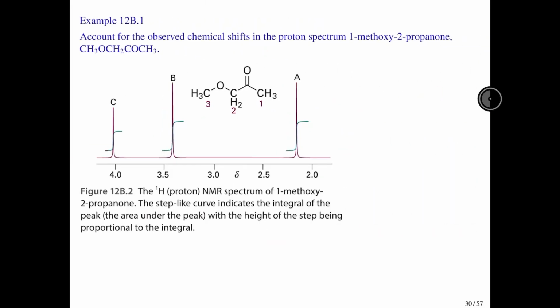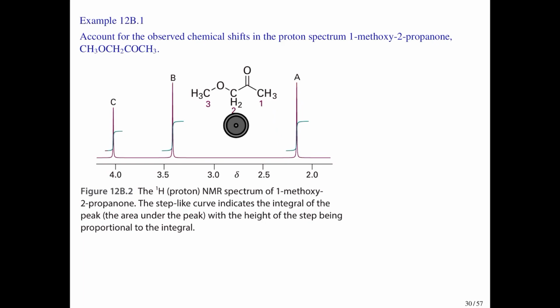Here we are being asked to interpret the NMR spectrum for this 1-methoxy-2-propanone structure. This is probably stuff right from your organic chemistry course, and you can probably do it better than I can. You've got three groups of chemically equivalent protons. So the protons here in this methoxy group are all identical to one another.